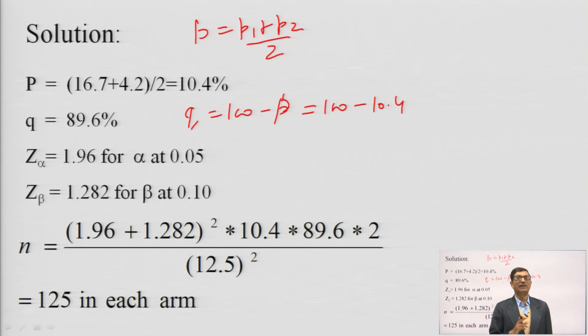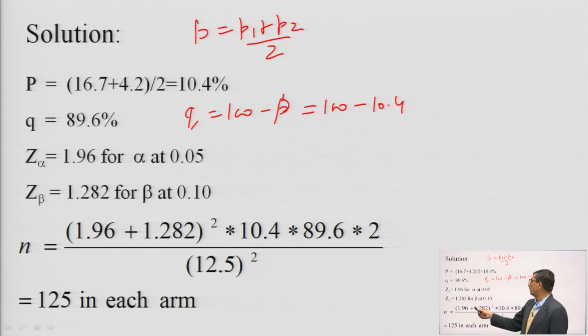The value of Z alpha is 1.96 for a 5% level of significance. And for beta of 10%, Z beta equals 1.28.